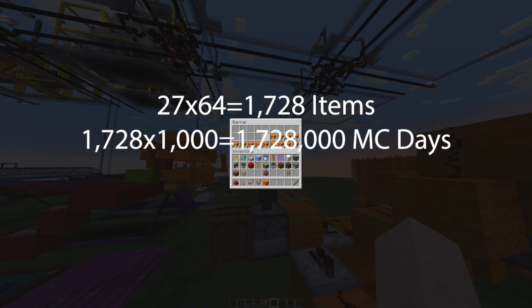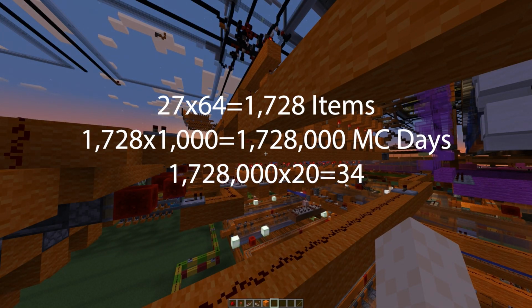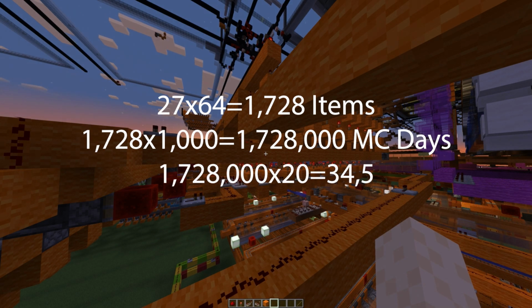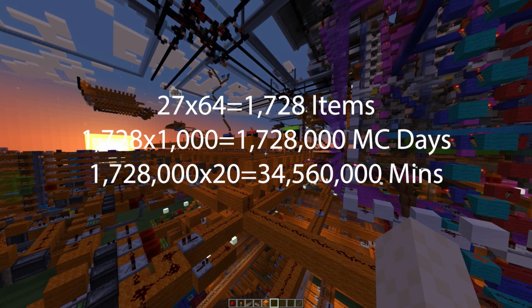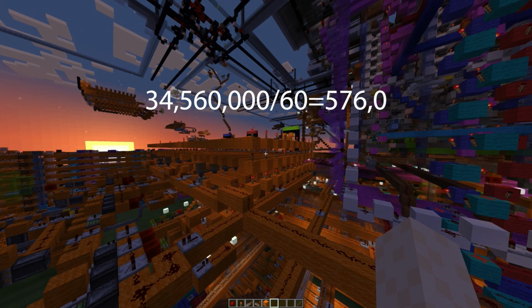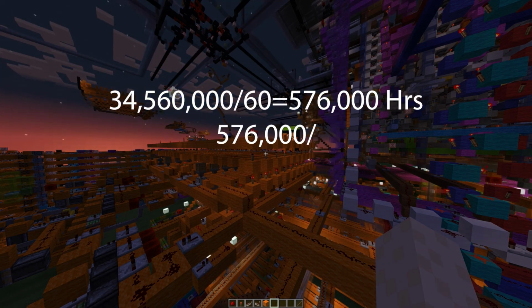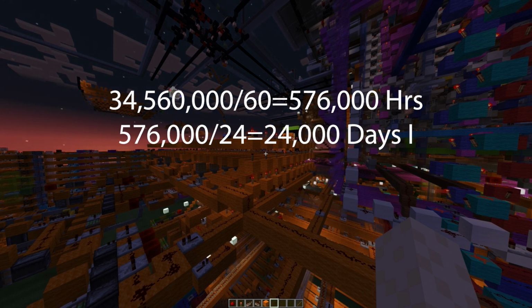Now, if you multiply that by 20 minutes per Minecraft day, that gives you 34,560,000 minutes. You ready for this? If you divide that by 60, that gives you 576,000 hours. If you divide that by 24, then that gives you 24,000 real life days.